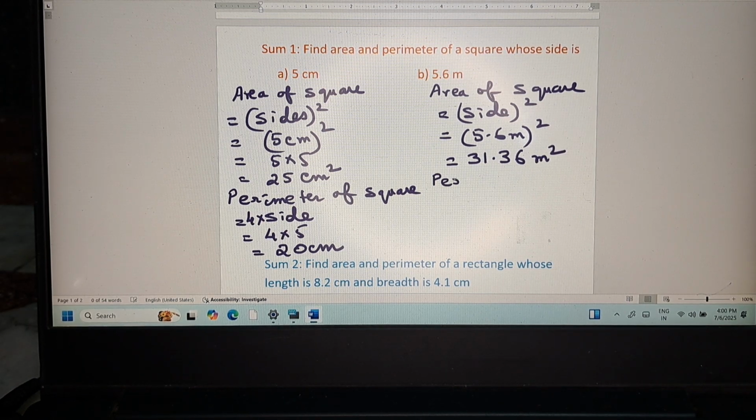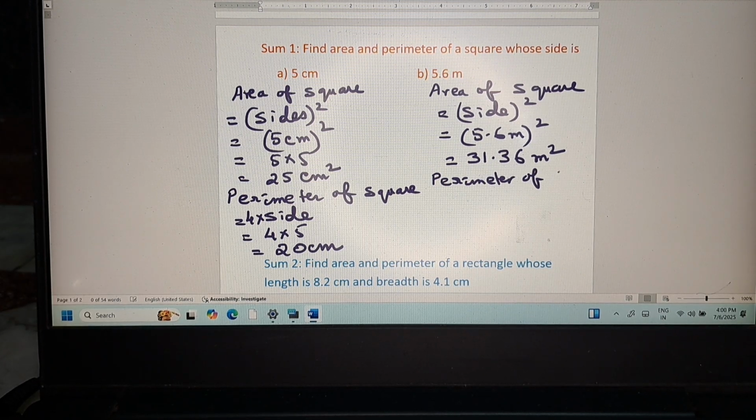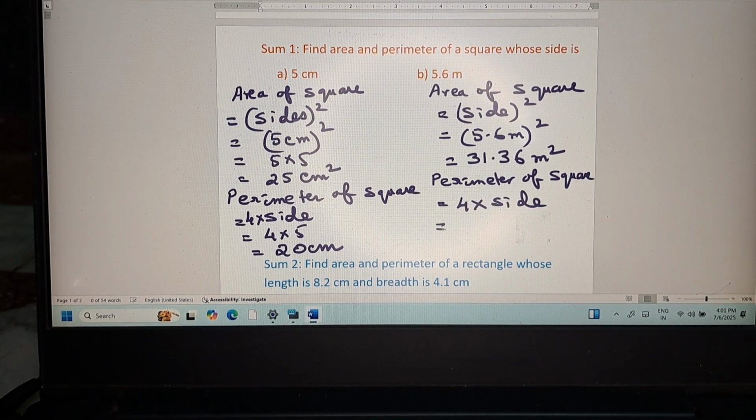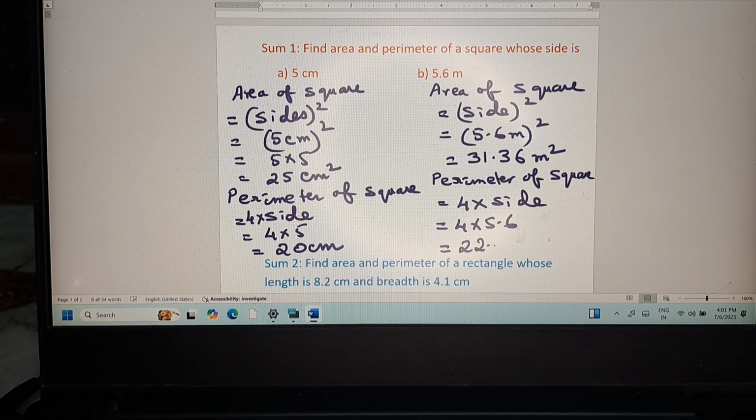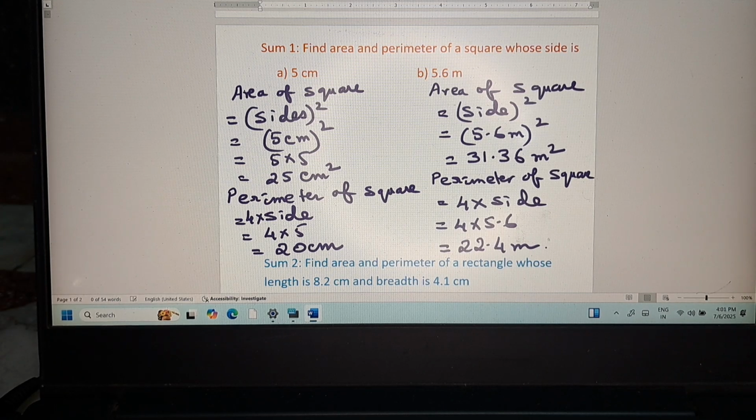What about the perimeter? Perimeter of a square will be 4 into side. So 4 into 5.6. The answer will be 22.4 meter. In the first sum, the unit is given in centimeter, and in the second sum the unit is in meter.